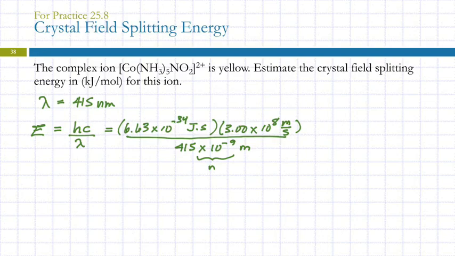So 6.63 times 10 to the minus 34 times 3 times 10 to the 8th divided by 415 times 10 to the minus 9. And that gets us 4.79 times 10 to the minus 19. And the unit that's left there is joules.